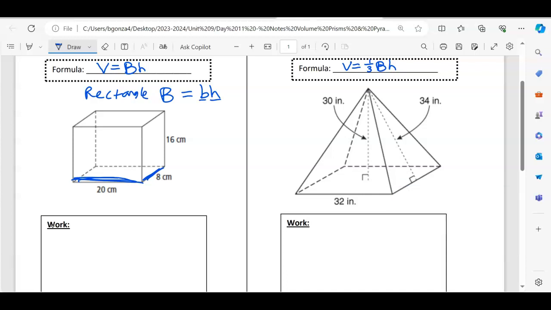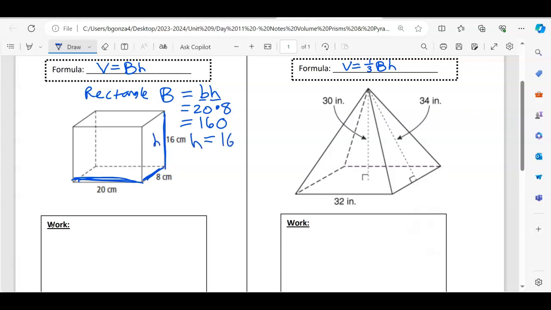Yes. All right, so 20 times 8 is what? 160.